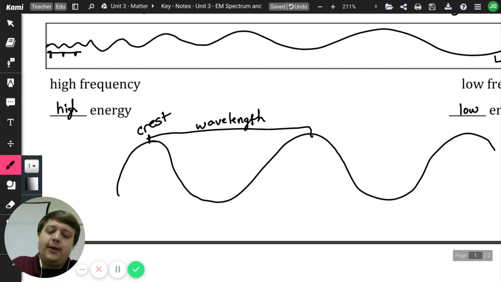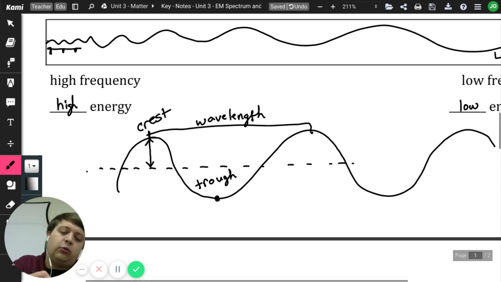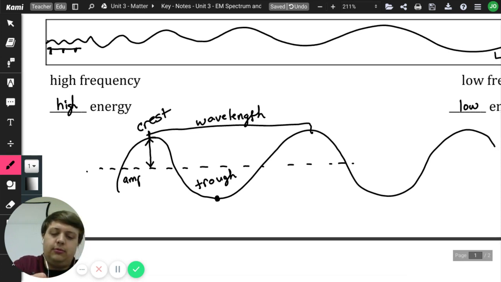Down here at the bottom, this is what we call the trough. It kind of looks like a trough that you would feed an animal out of, right? The little lump that you can put food or water into. The last part that you need to know is if we dissect our wave in half, the distance from the crest to the halfway point is what we call amplitude.